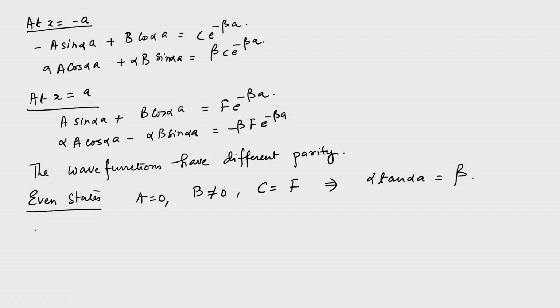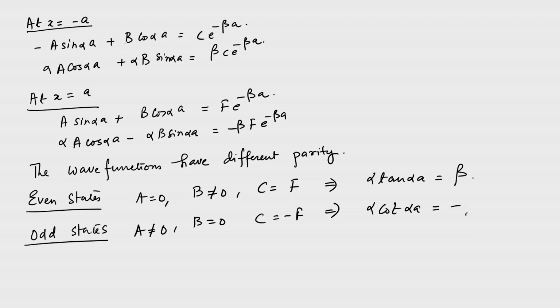And the odd states, we are coming to the interesting part of the question which we have to solve. This corresponds to A not equal to 0, B equal to 0, C equal to minus F, and this is equal to alpha cot alpha A equal to minus beta.